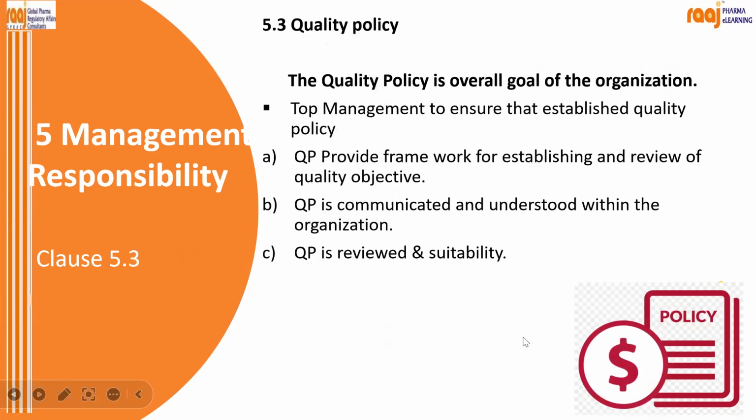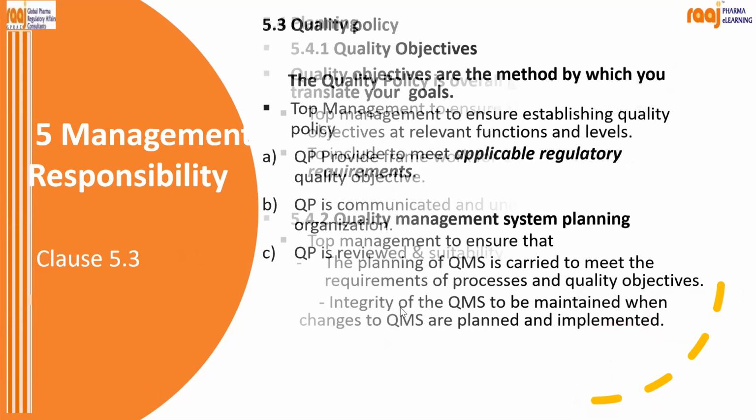Then quality policy, it gives the overall goal of the organization, right? So top management has to ensure that a quality policy is established. The quality policy provides a framework for establishing and reviewing quality objectives, and it is communicated and understood within the organization. It has to be reviewed for suitability.